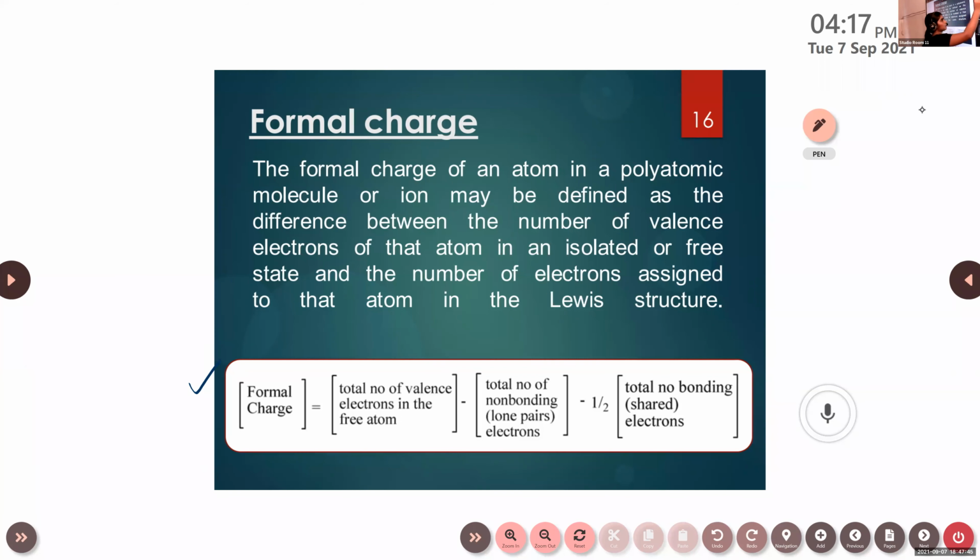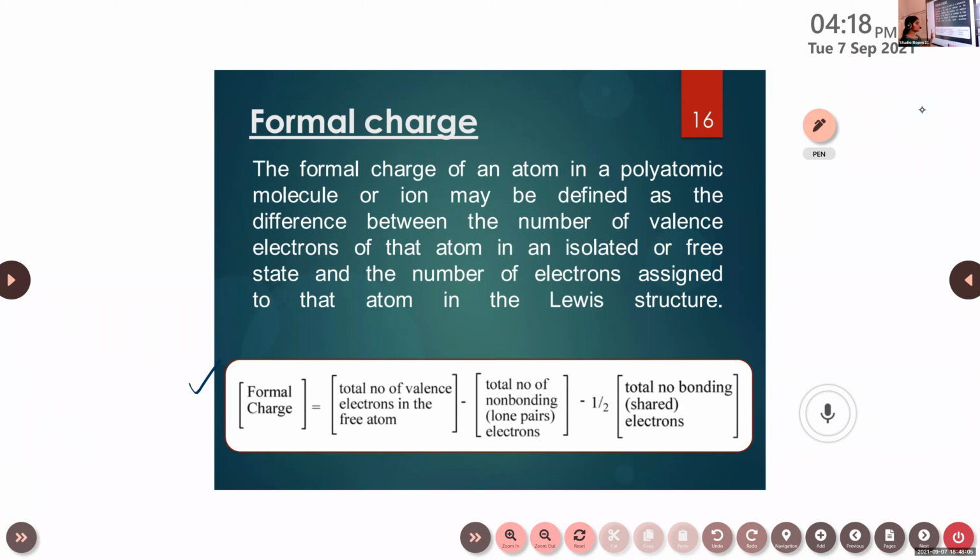We know that the number of electrons on atoms in the Lewis structure will be different from their valence electrons, right? So here we will find the difference between the total number of valence electrons of that atom in isolated or free state and the number of electrons assigned to that atom in the Lewis structure.